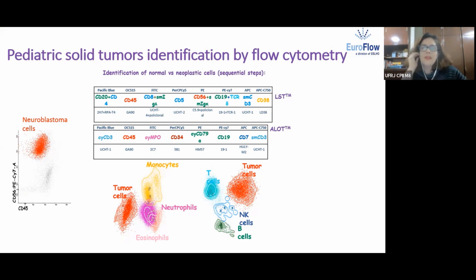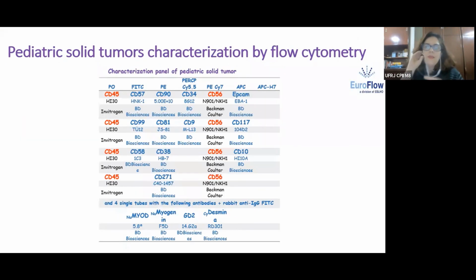So we could properly identify neoplastic cells, but we could not classify each tumor. So we used a huge panel of characterization. At that time, we didn't have some markers conjugated. It improved over time, and now we have more markers studied and more markers conjugated.